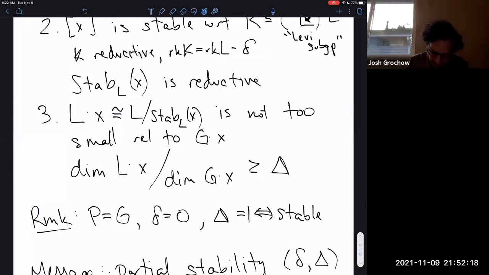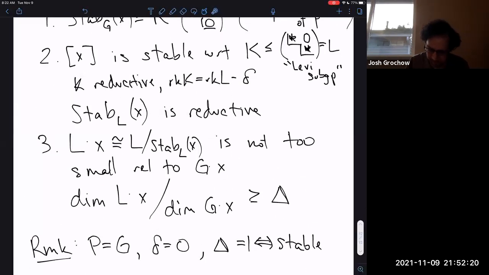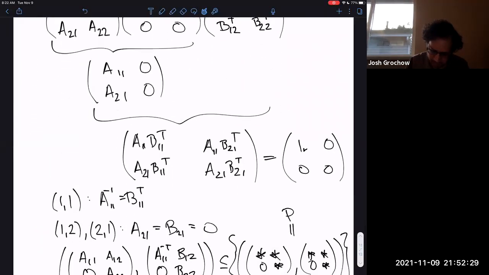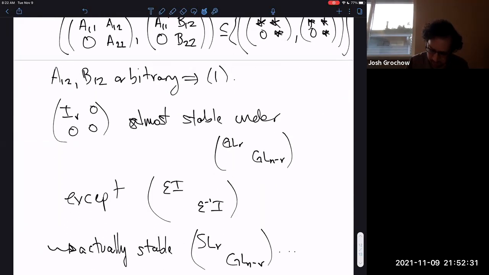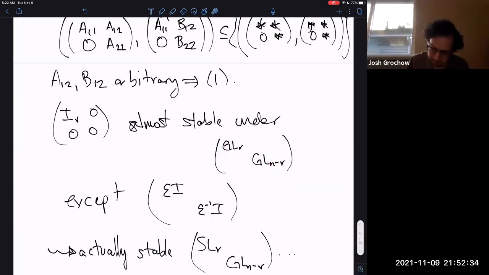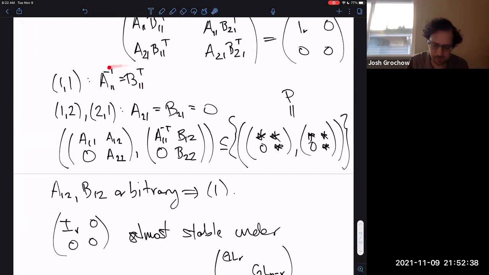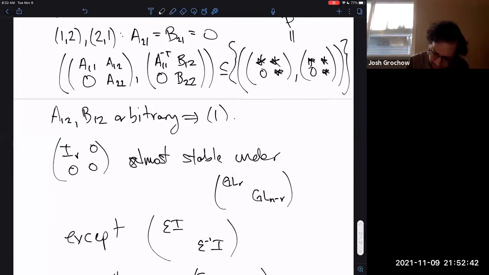Okay. And then finally, we now have to ask, what is this stabilizer within this reductive group? And there we've already calculated, actually. So in here, what's the one condition? The one condition is this one.